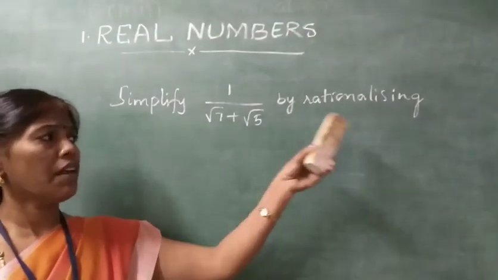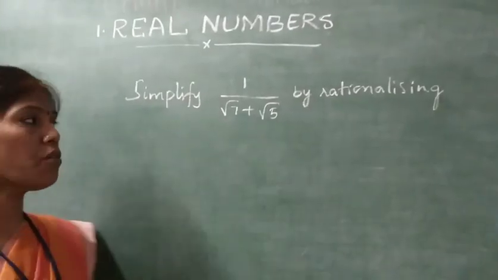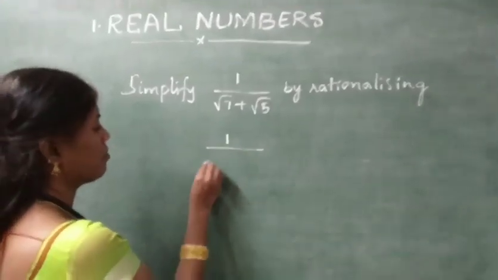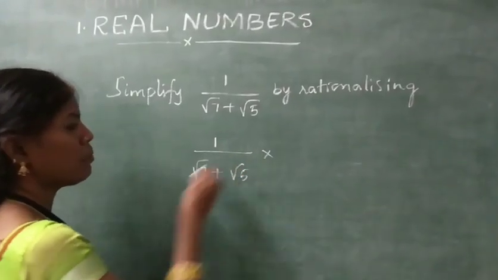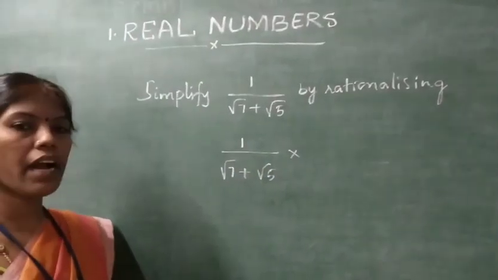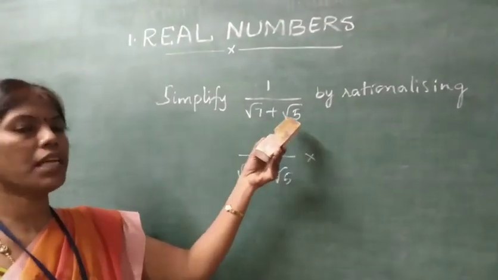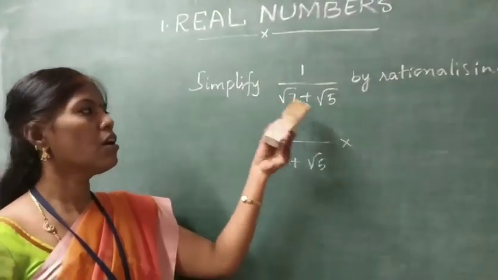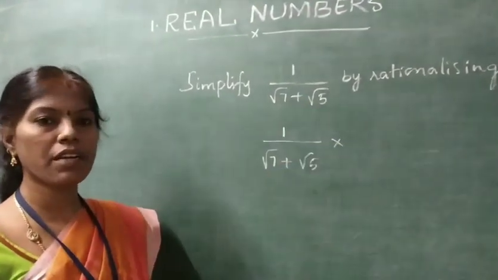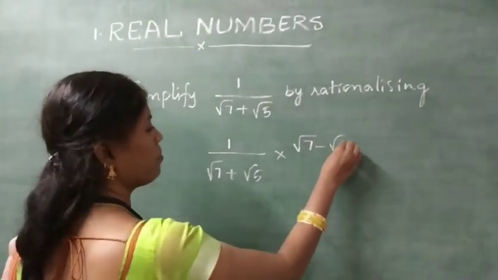Always remember, if they ask for rationalizing, we have to rationalize the denominator only. So 1 by root 7 plus root 5, what do we have to multiply with? The rationalizing factor of root 7 plus root 5, or simply the conjugate of root 7 plus root 5, that is root 7 minus root 5.